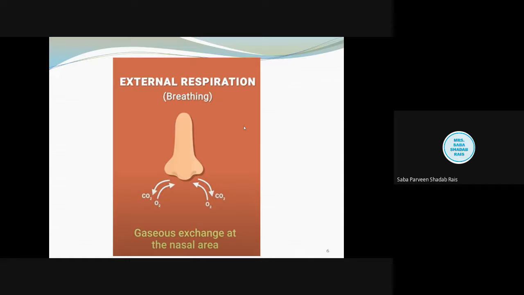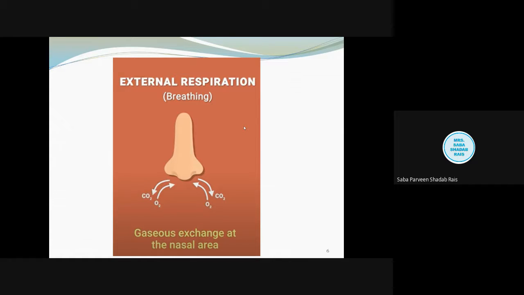Understood? It is not necessary that every organism will have the same way of external respiration, but for ease of understanding I have taken the example of the nasal area. Okay, so gaseous exchange at the nasal area, that is breathing.